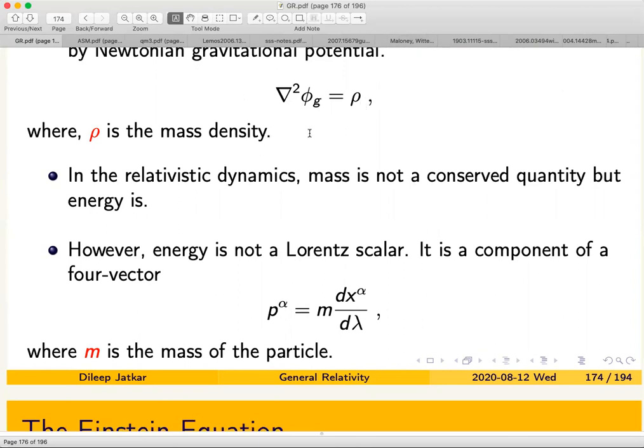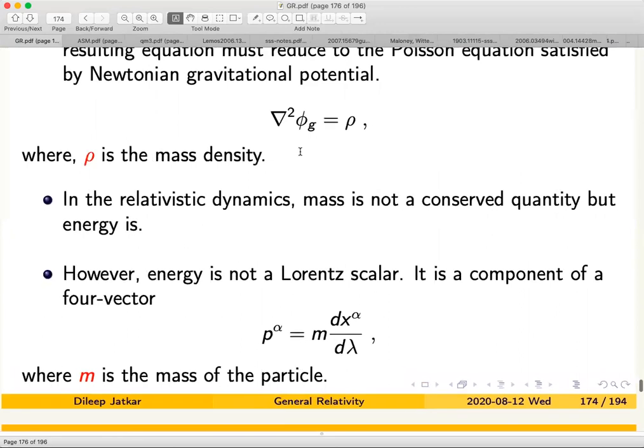When I say mass is not conserved, this is a question in the chat, I mean that the rest mass is conserved, but if the object is moving, then it has a moving mass which is not a conserved quantity. It keeps changing. Depending on which frame you are in, the value of mass is different.